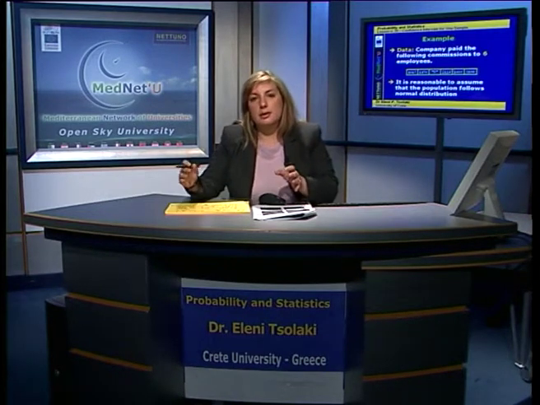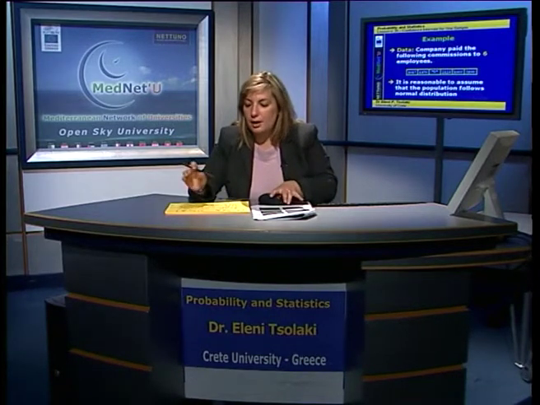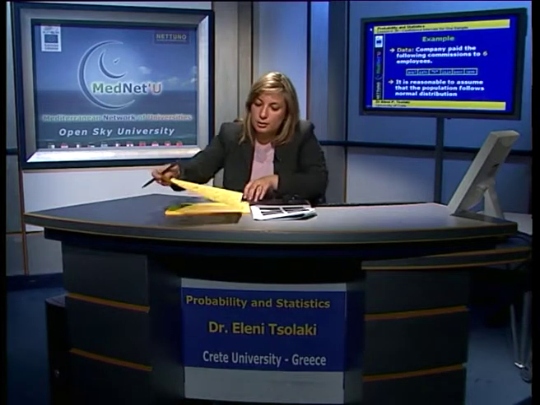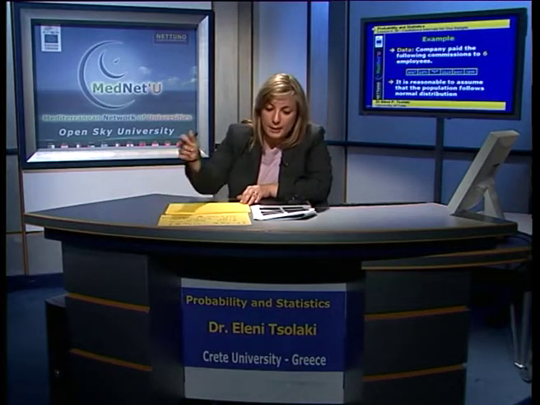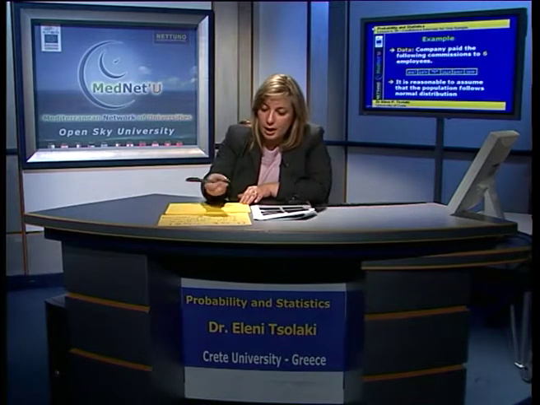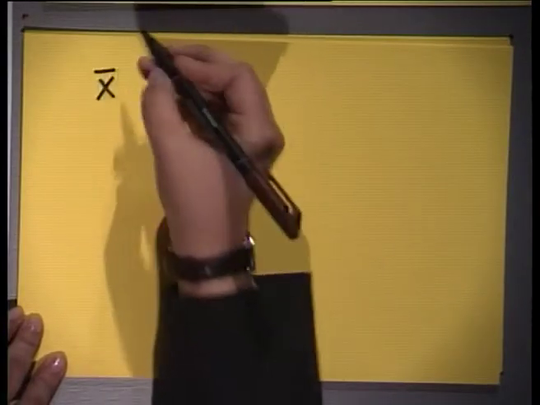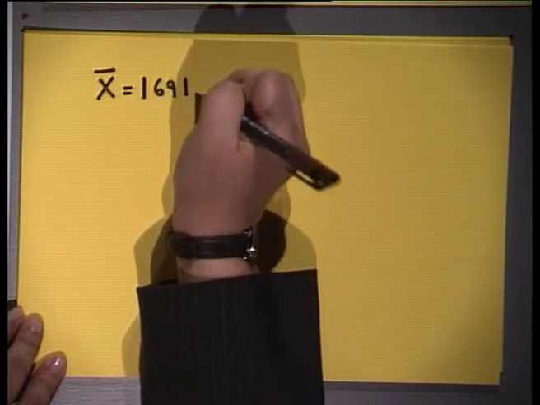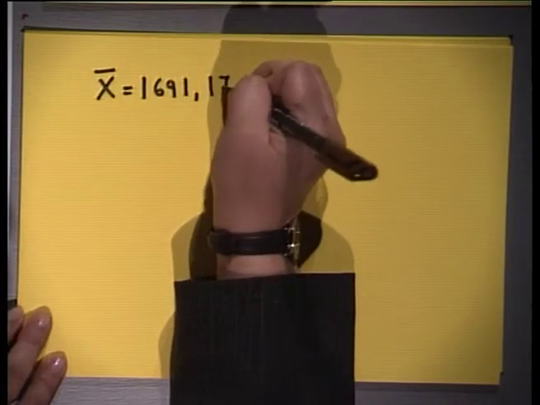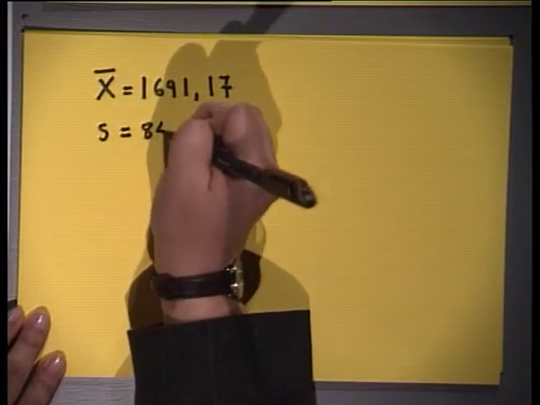So let's now calculate the confidence interval for this data. We can use the t-distribution here, as we have normally distributed data. We can calculate the sample mean and the sample standard deviation.